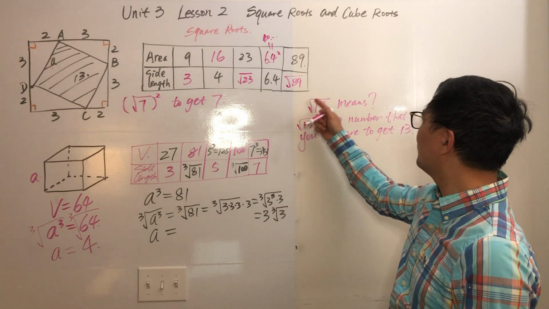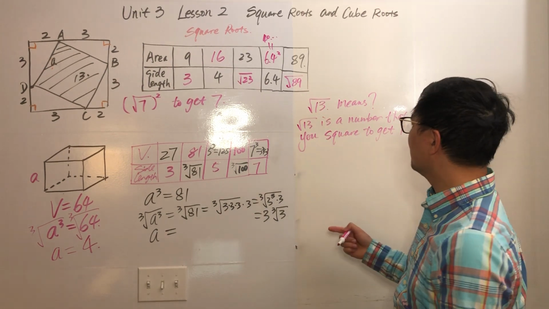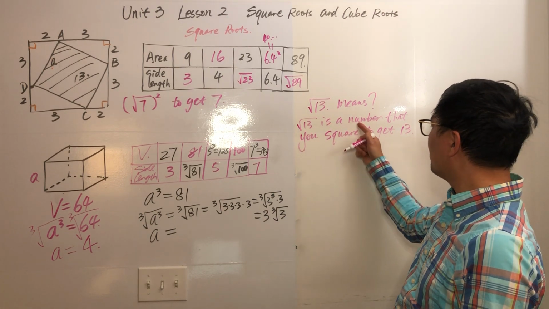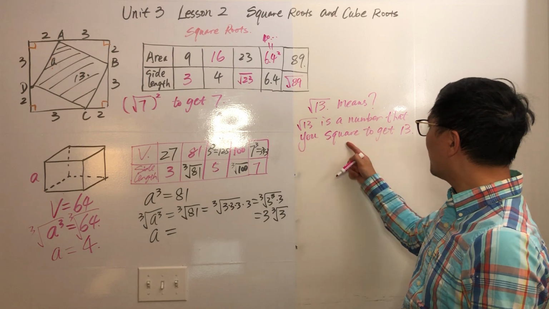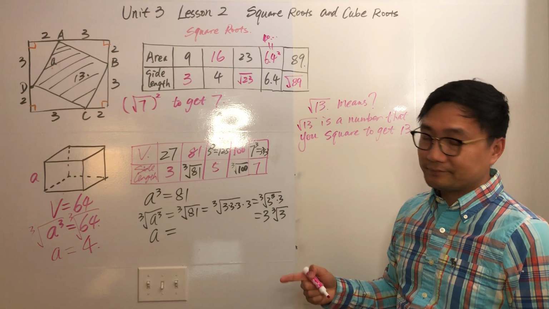What does square root 13 mean? Sometimes somebody may ask me what that means. It means square root 13 is a number that you square to get 13. That is the meaning, okay?